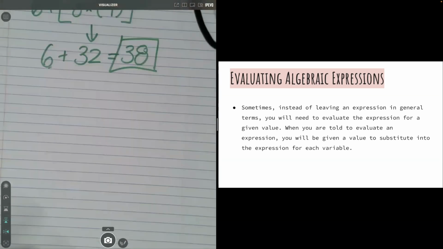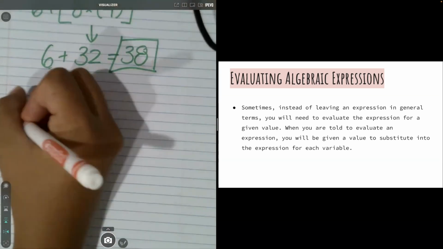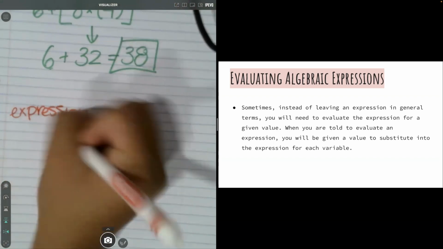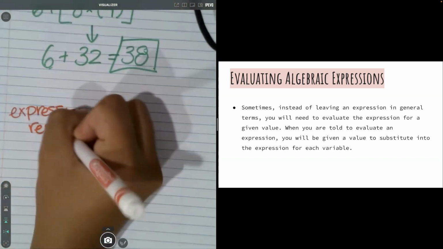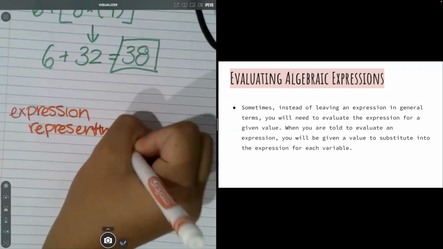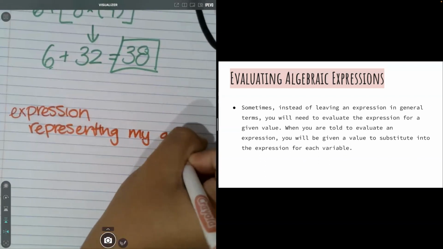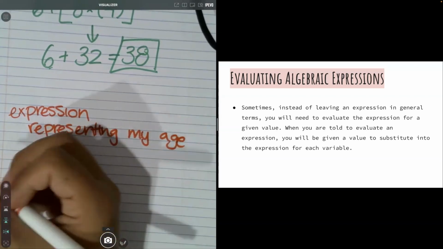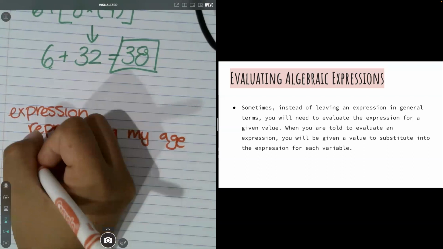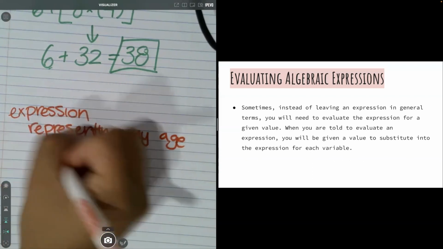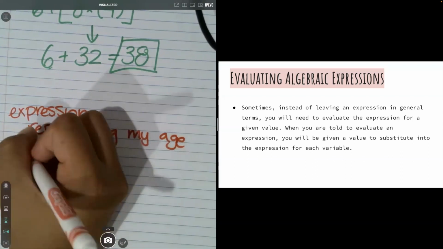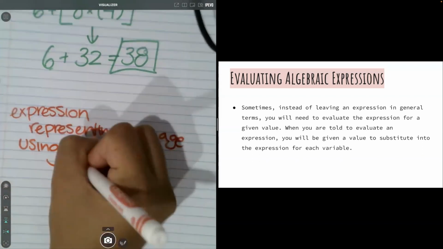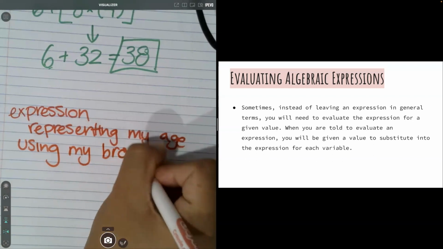So if I say the expression representing my age, and this is relating some other piece of data to my age, I'll say using my brother's age.